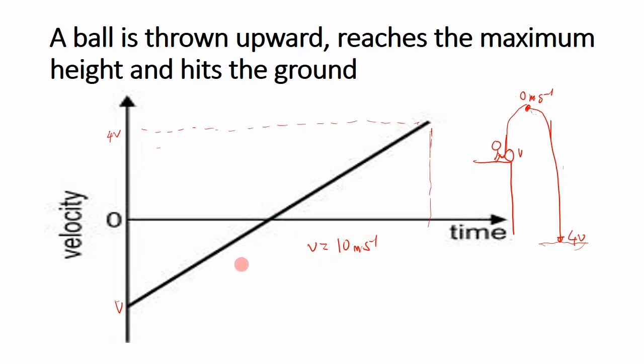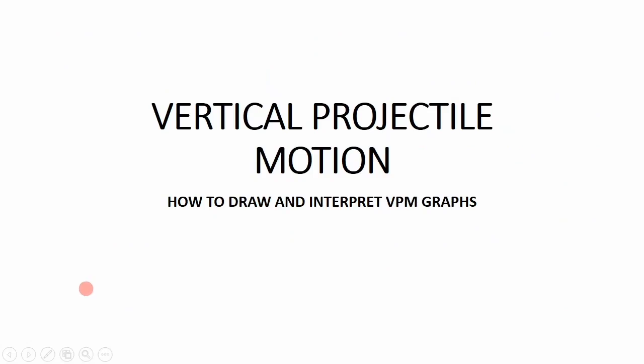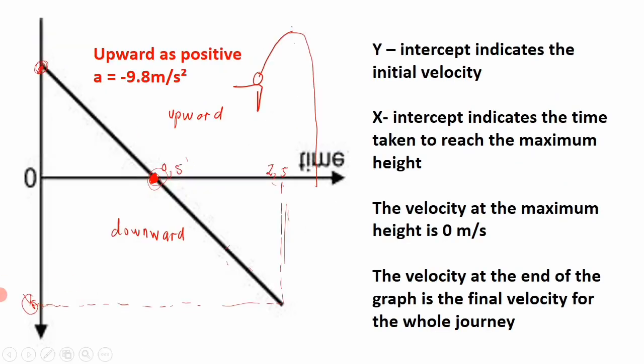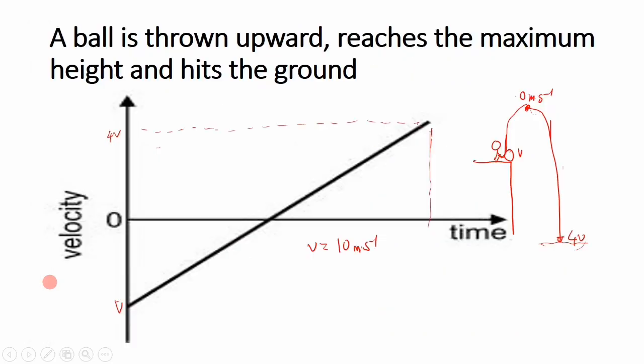So we'd say the ball is thrown at a speed of 10 meters per second. So it will just be a matter of coming in and saying 10 meters per second. And then obviously 4v would now be 40 meters per second, right? So you just indicate 40 and then you indicate 10 here, right? So that's how you'd have that.